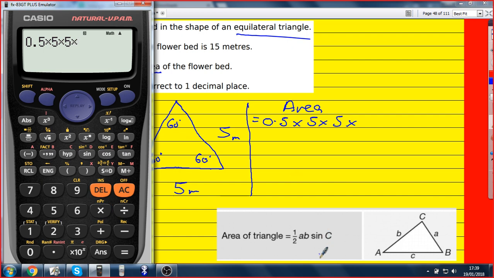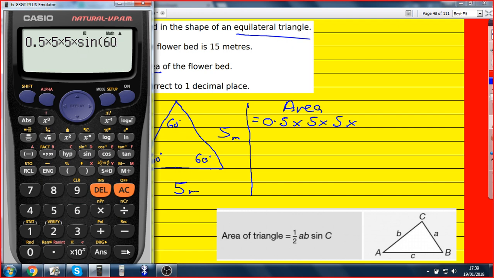The formula has sine C. Sine 60. Oh yeah.